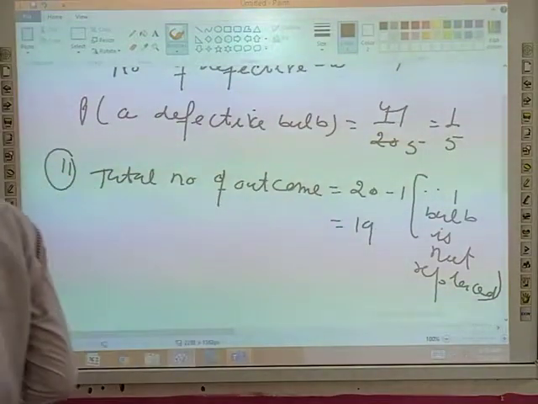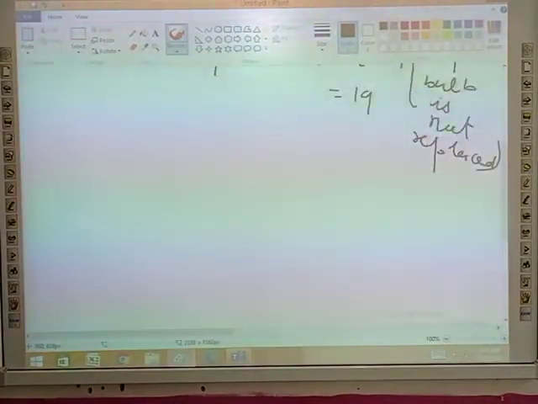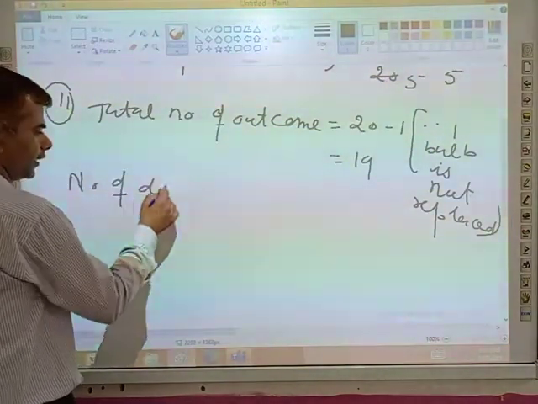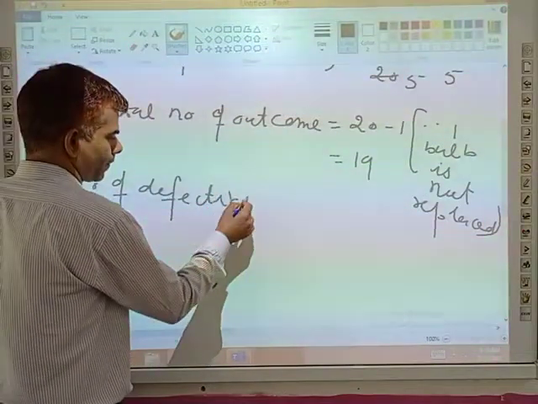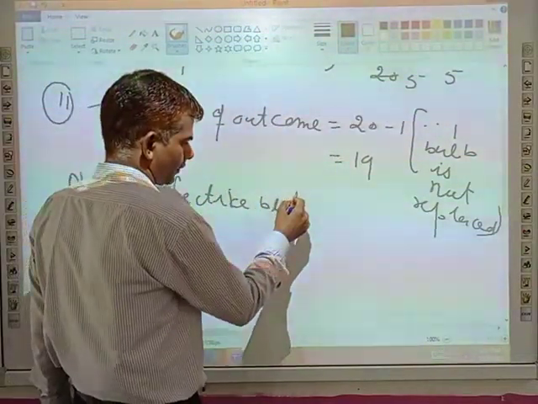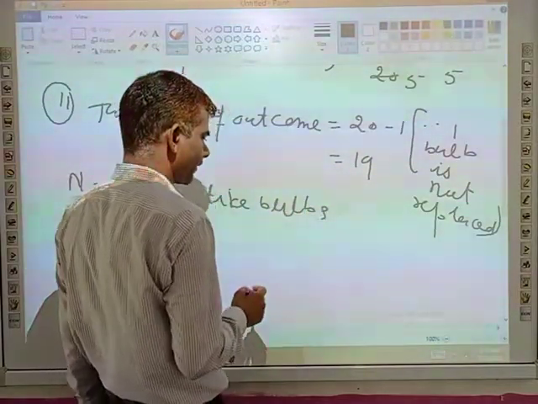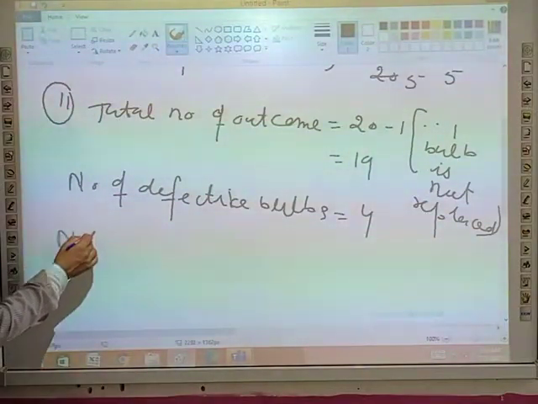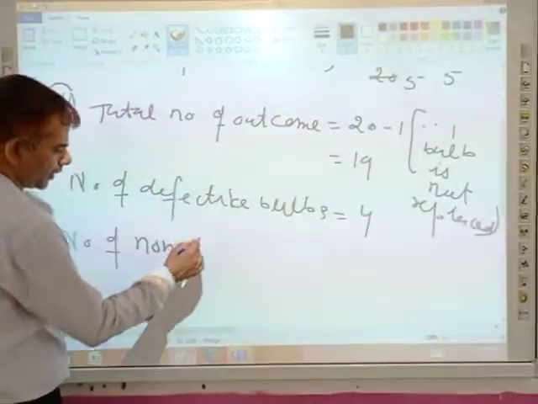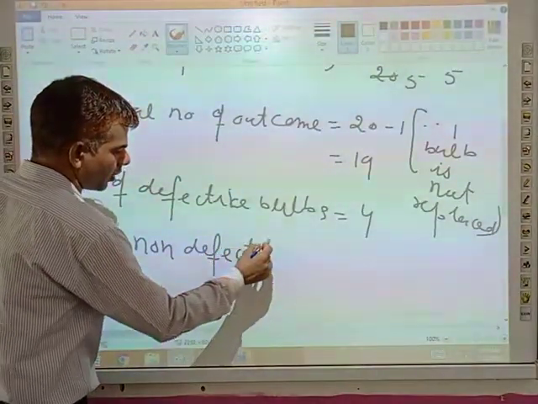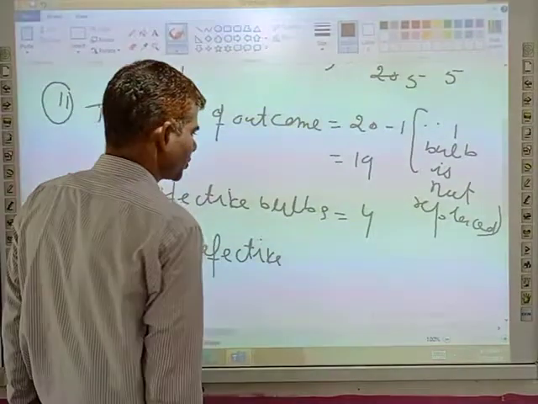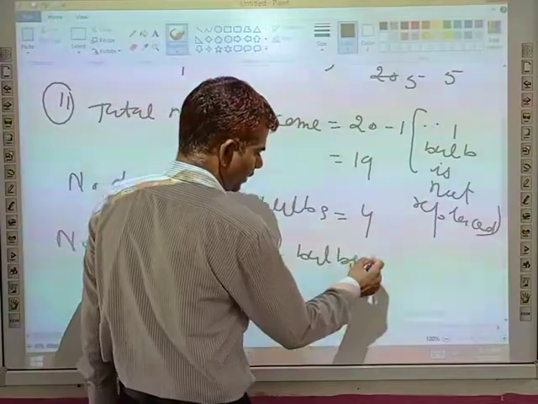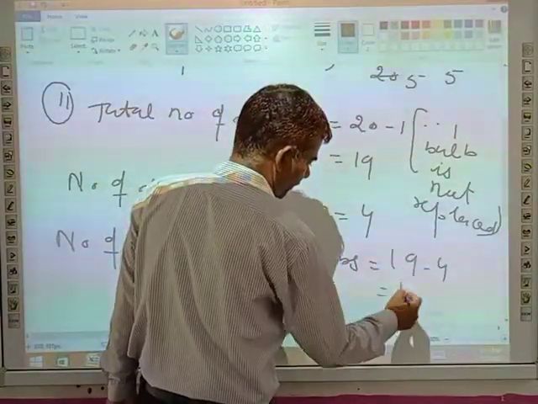Any problem? Check it out. Without replacement. Now number of defective bulbs, how many? Sir, no, number of non-defective bulbs. Total number of bulbs is 19, in which 4 are defective. Number of non-defective bulbs will be 19 minus 4, that is 15.